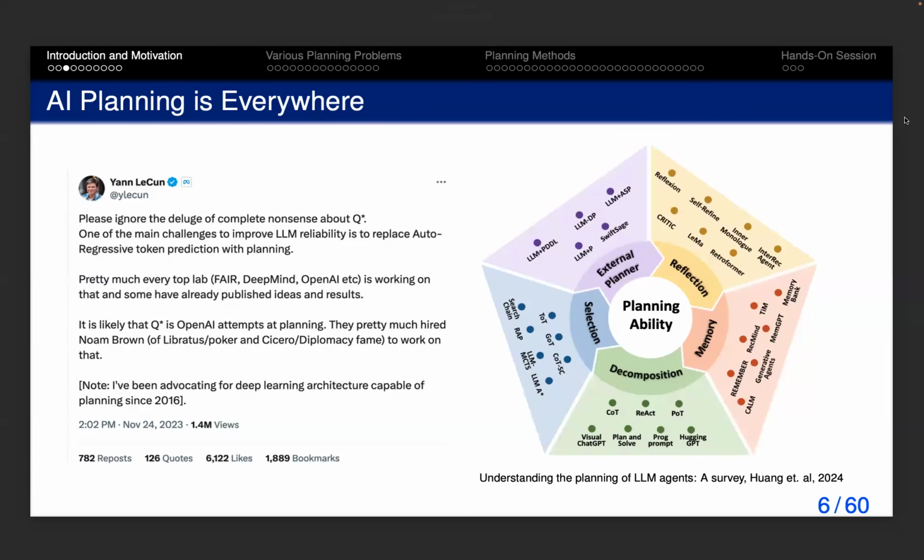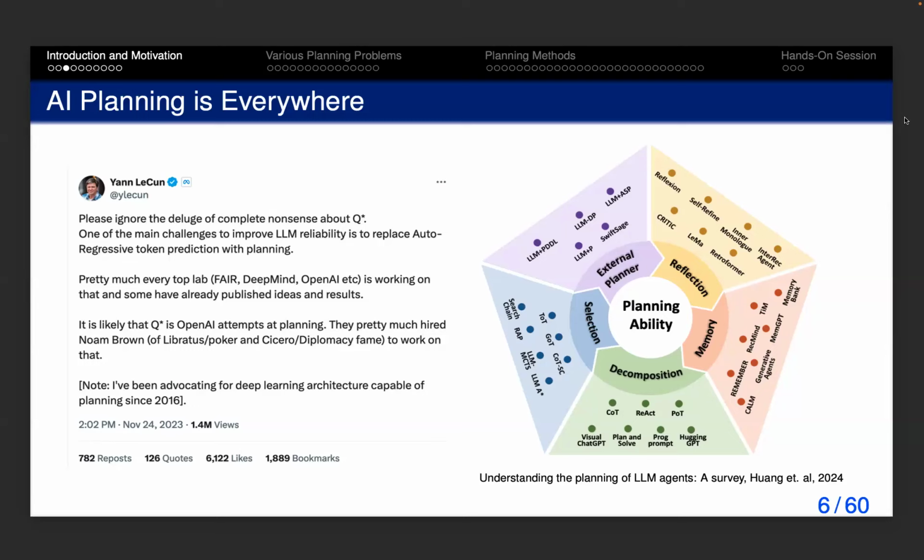Also, in regard to where we are today, we are living in a very interesting time where AI planning is mentioned by many well-known researchers, and there's a lot of traffic on Twitter and social media that mentions planning in whatever sense that may be. And there are lots of different papers now that mention planning, and some of them published in NeurIPS with a very high number of citations.